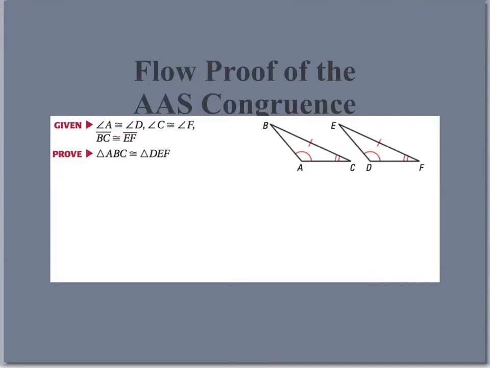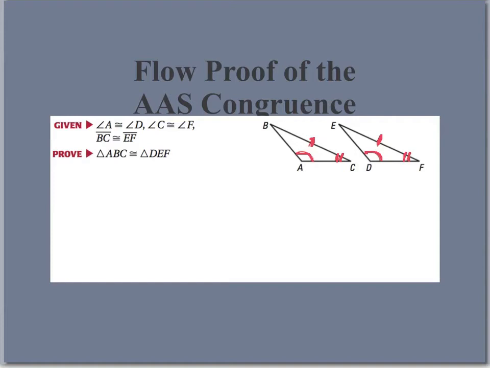Okay, so I want to prove the angle-angle side congruence theorem by using a flow proof. Okay, so let's review what we have here. We've got angle A congruent to angle D. Okay, we've got angle C congruent to angle F, and we've got one of the non-included sides, BC and EF, being congruent to each other.